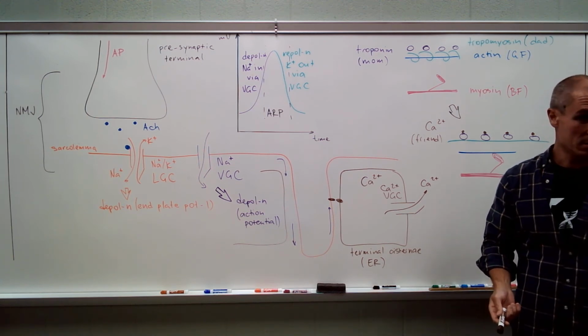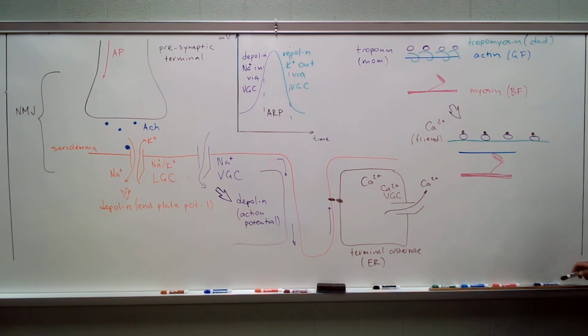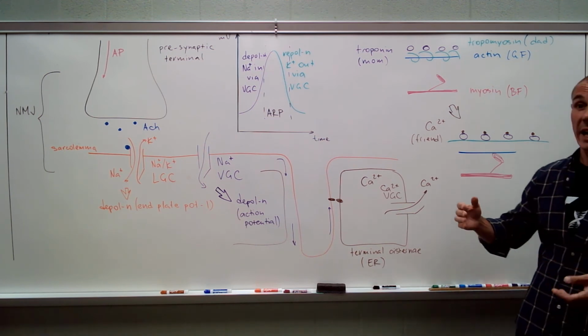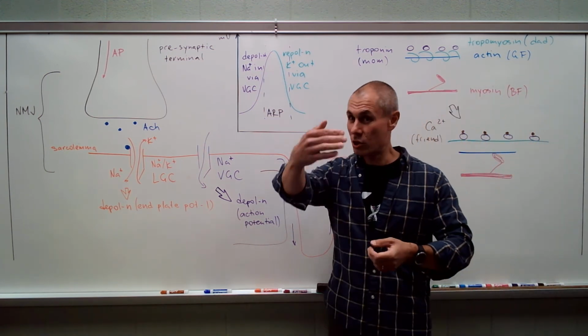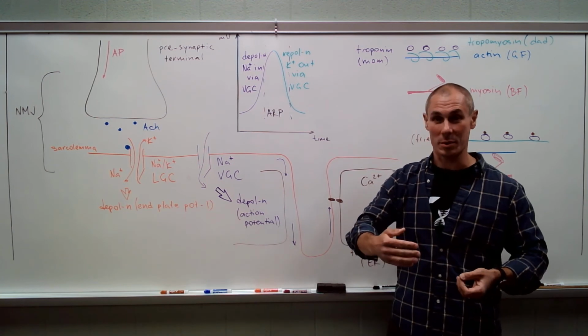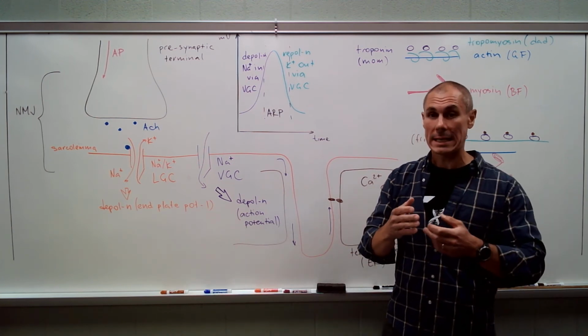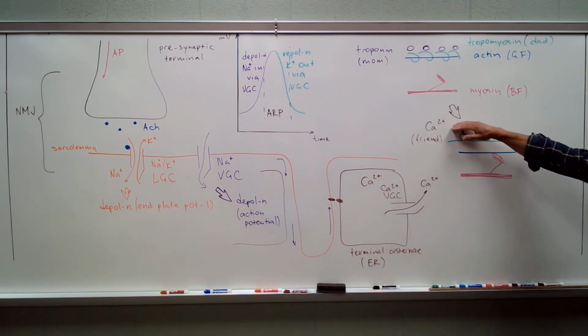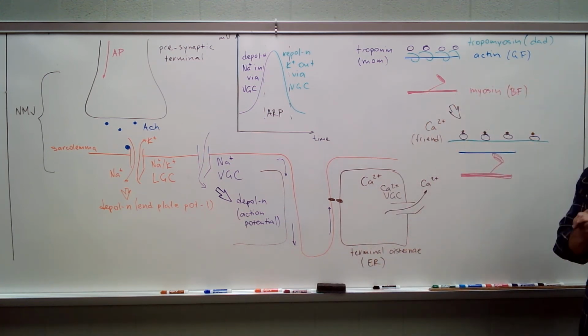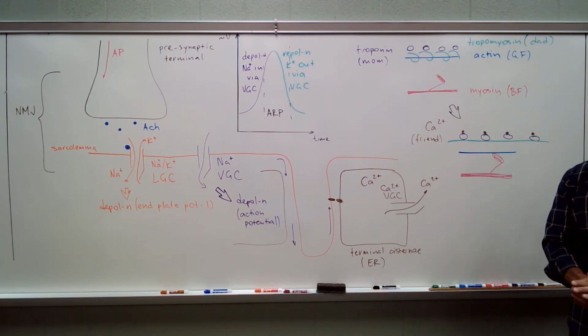That makes sense? But that's actually a pretty good way to remember that. I actually saw students just writing this down before the exam as a brain dump. Okay? Again, as long as calcium is present, this is going to happen. Does that make sense?